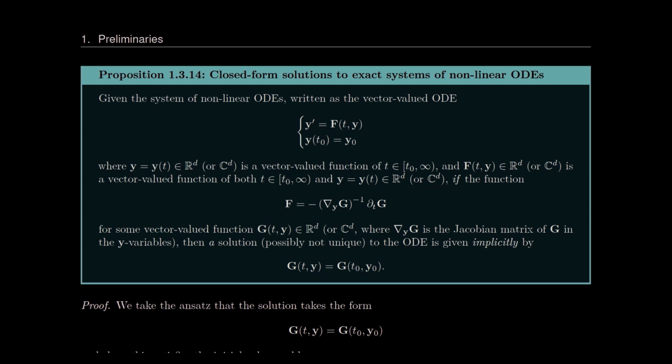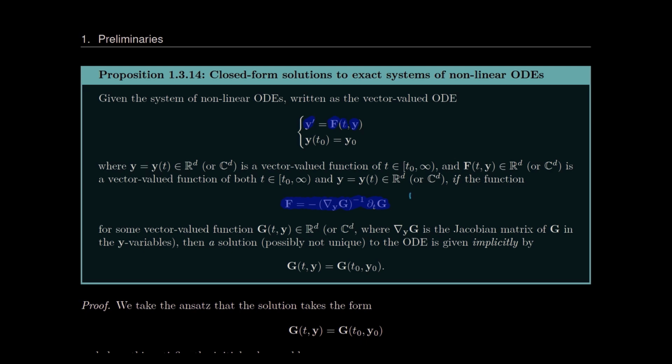The best we can do for systems, if we have now a vector valued y that we take a derivative of and a vector valued f, which maybe depends on y and depends on time, if this is nonlinear, then the best we can do is try to represent f in the following way.